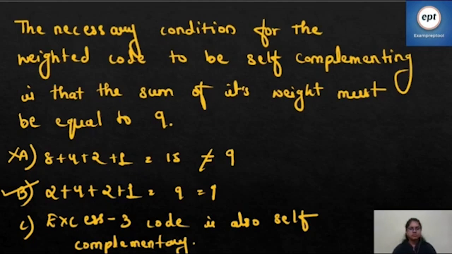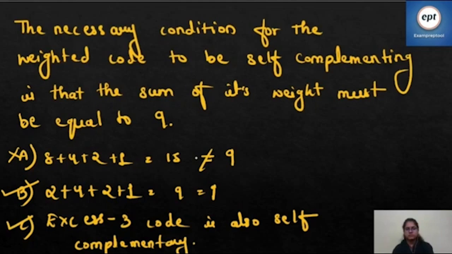So not much explanation is required for this, because this is a theoretical type of question. The necessary condition you have to check is the weightage, which should be equal to 9. So option A is not equal to 9, option B is equal to 9, the excess 3 code is self-complementary, that you should remember, and excess 3 gray code is not self-complementary. So the correct options are option B and C.